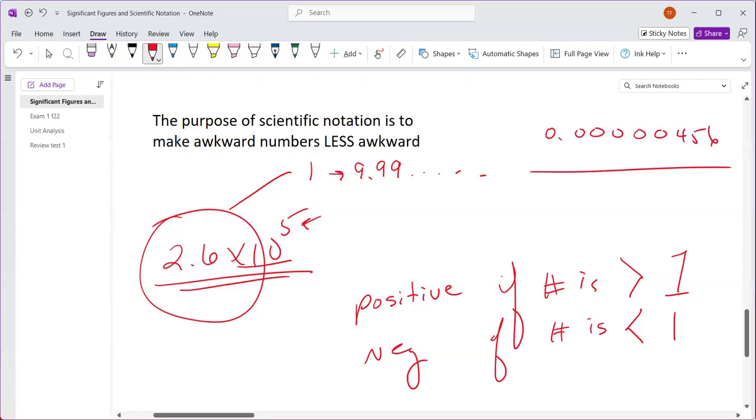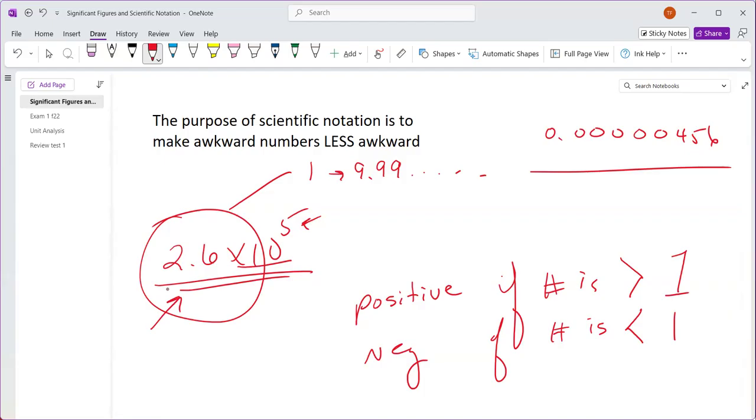So convert it to scientific notation. Okay, so how do you do that? Scientific notation numbers are in two parts. The first part is a number from 1 to 9.999, and the second part is we're going to be working in base 10.